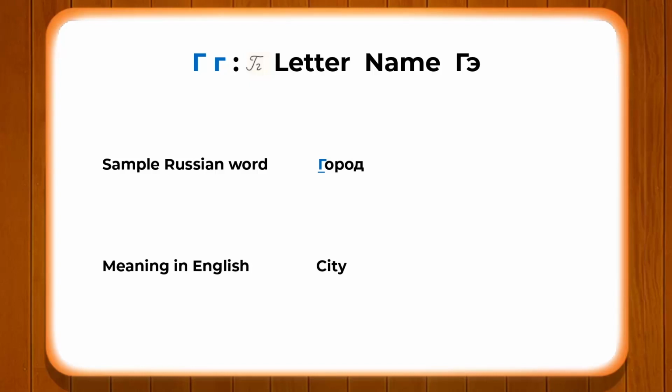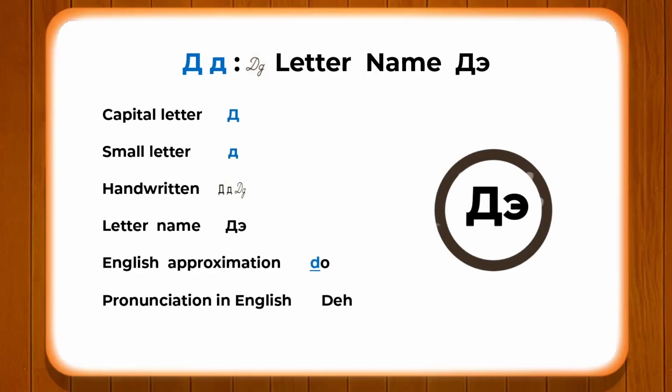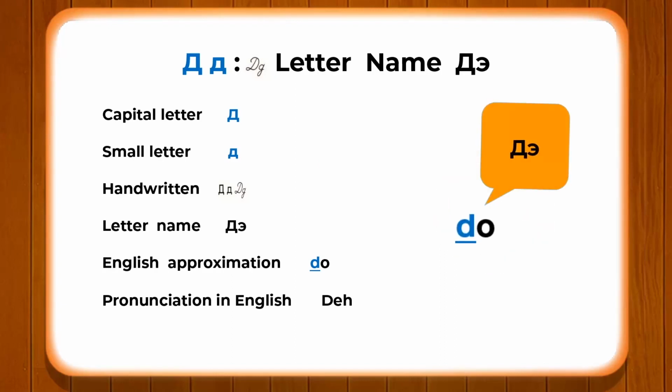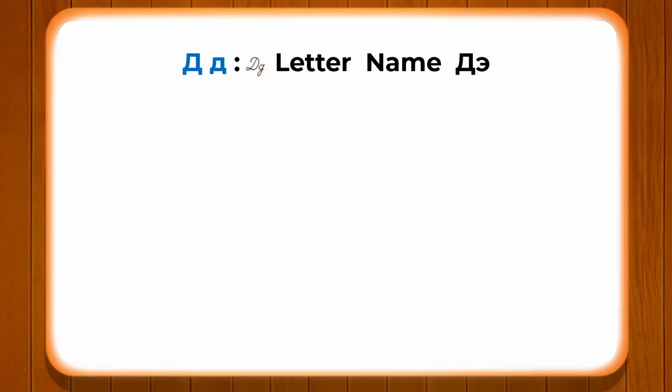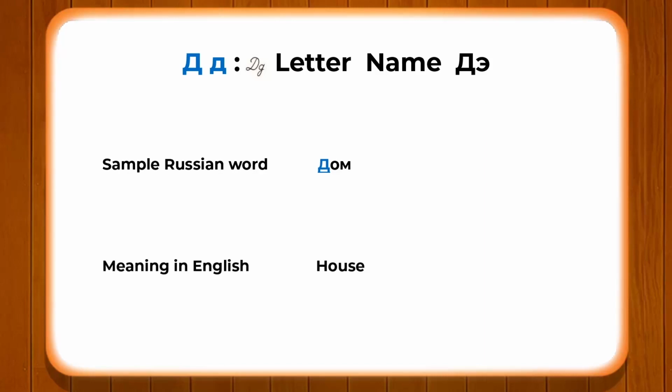The next letter is de, and the English approximation is de in do. For clarity we have used the Russian word dom, which means house.